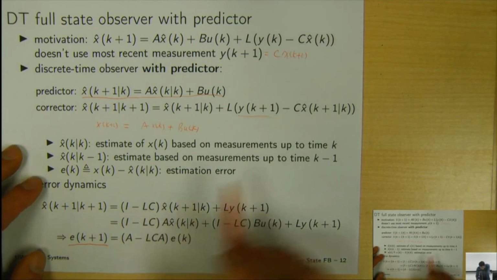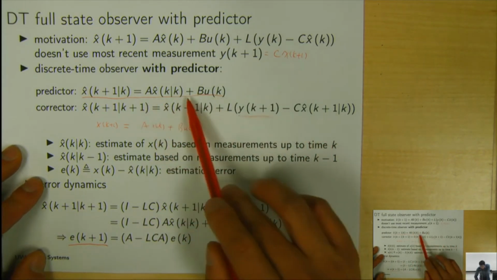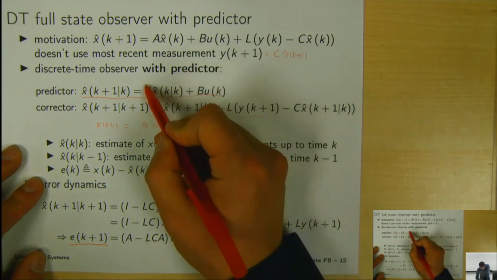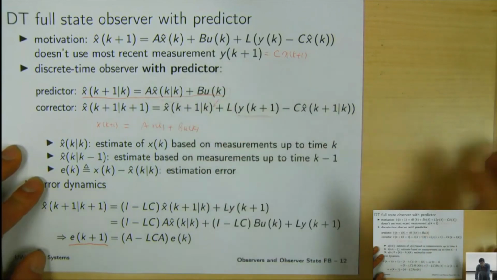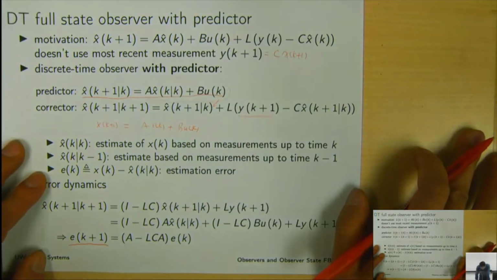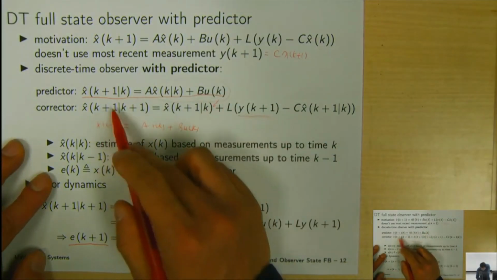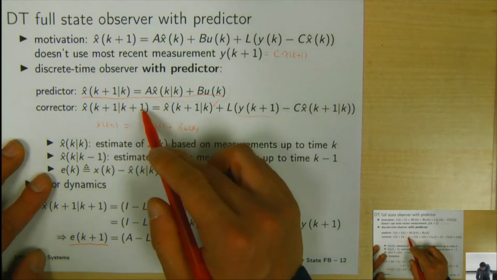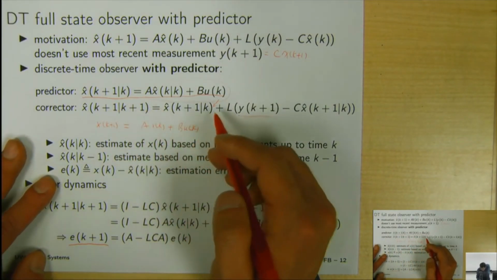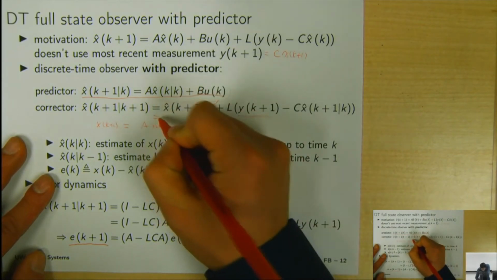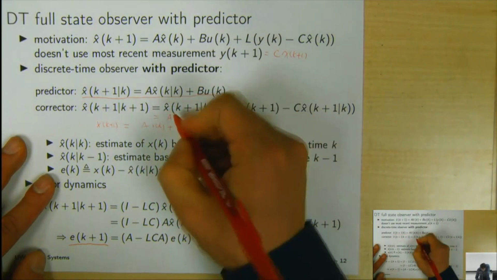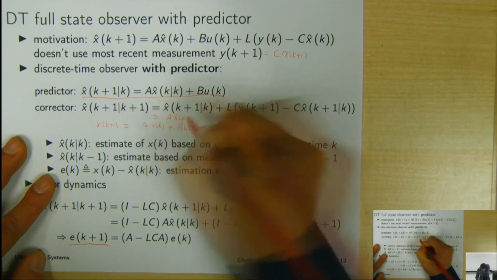Let's put the first prediction into the second equation. Then x hat k plus 1 given information at k plus 1 should equal, let's write it out, A x hat k.